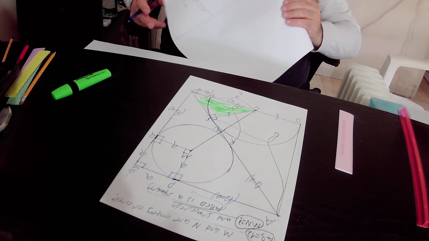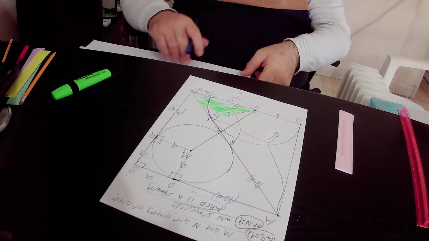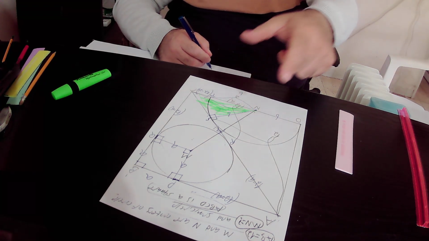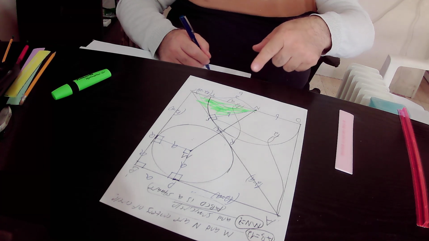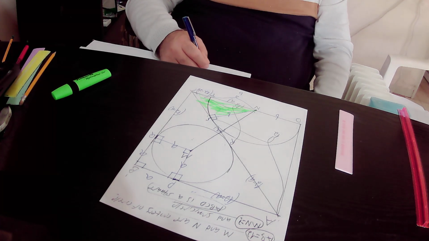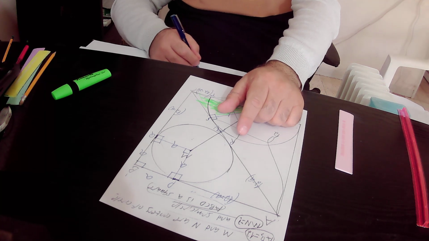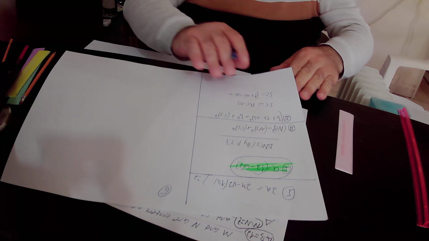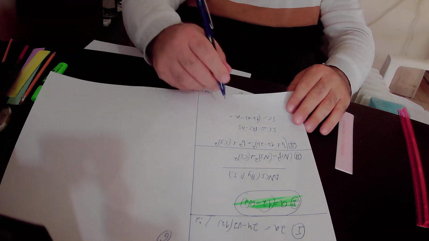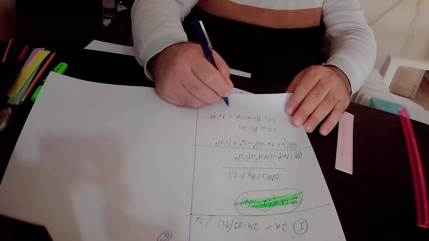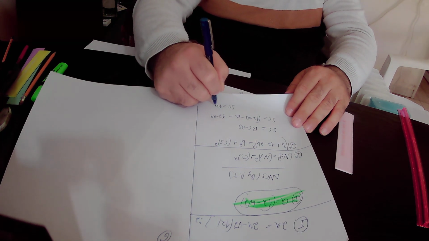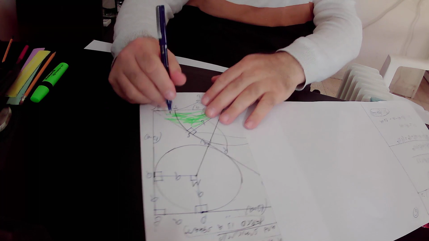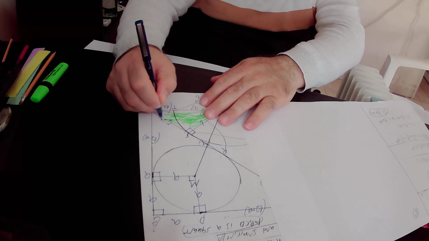So actually SC equals RC, that is actually 12 minus A, minus RS. We have already found out that RS equals A. So in conclusion, we found out that SC equals 12 minus A minus A. This is to say it equals 12 minus 2A. So we can write down that SC equals 12 minus 2A.